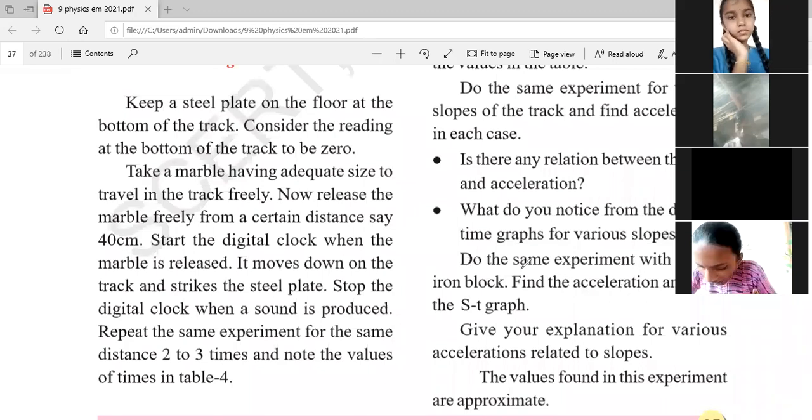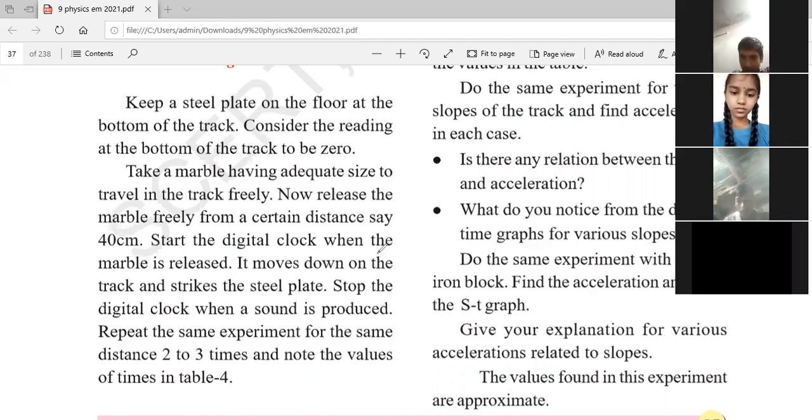Here we have to do the same experiment with the iron block also, or any small ball which is moving freely on the track. We can take that one object and do this experiment. When the slope increases, the acceleration increases, and the average time covered by the object decreases. When the slope increases, the time decreases, because it can cover the distance faster. So if the slope increases, then the time will decrease and the acceleration also increases here.